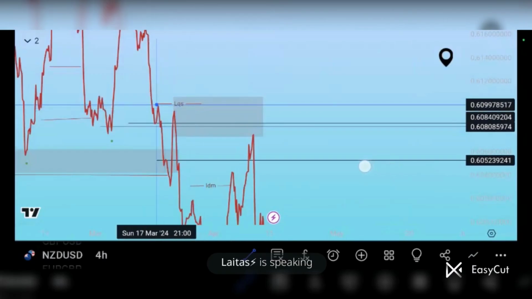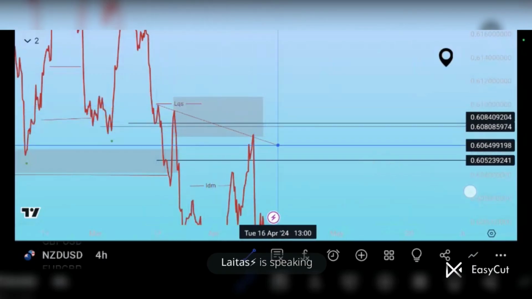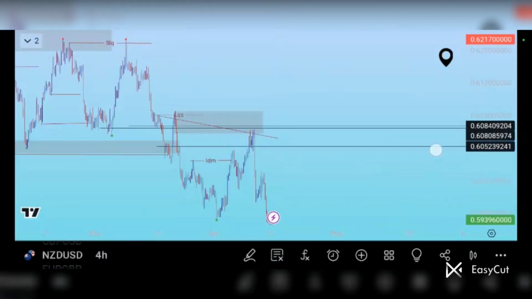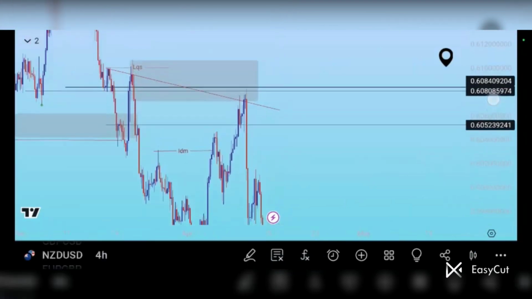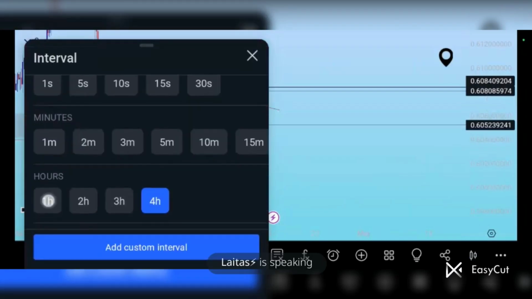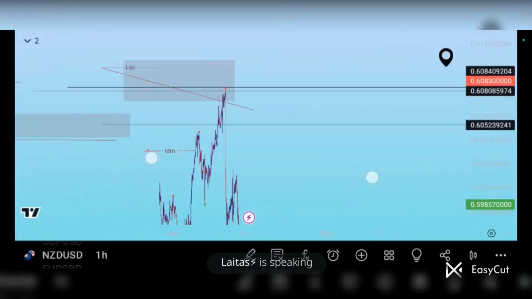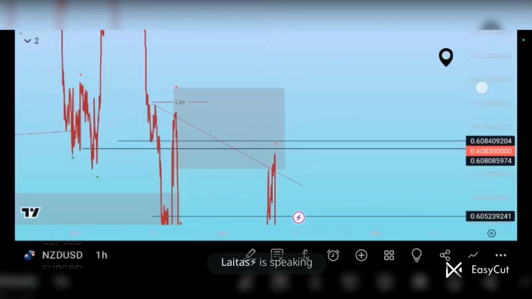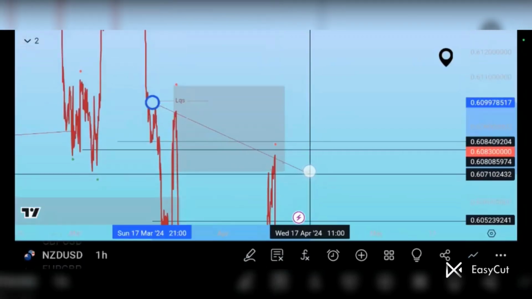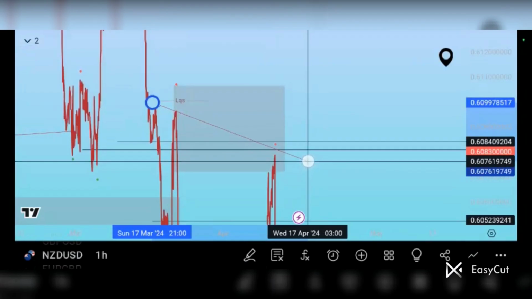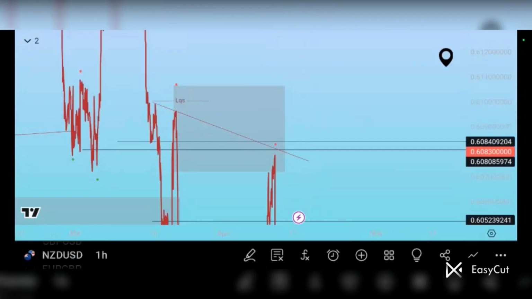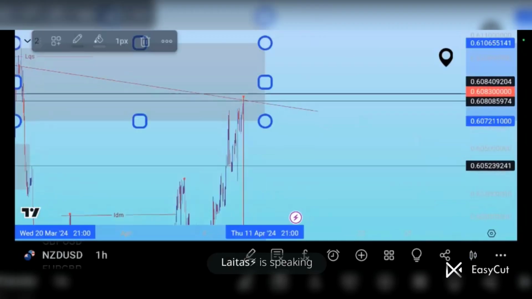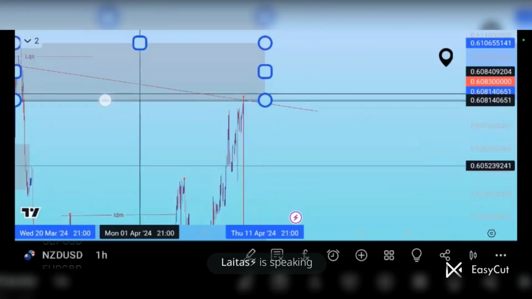So we have first touch, second touch, then third here. That's the 29 here. If you want to refine the trade line, you would have chosen this.